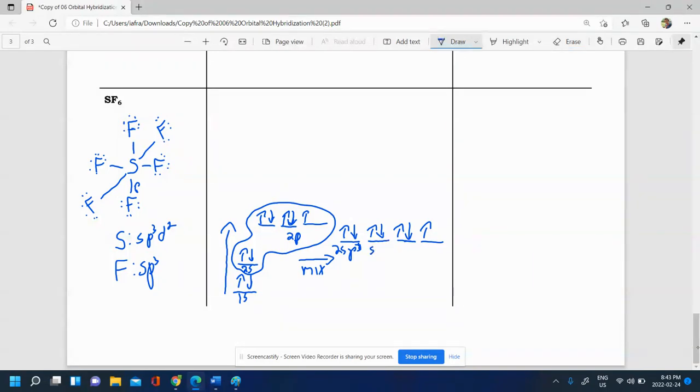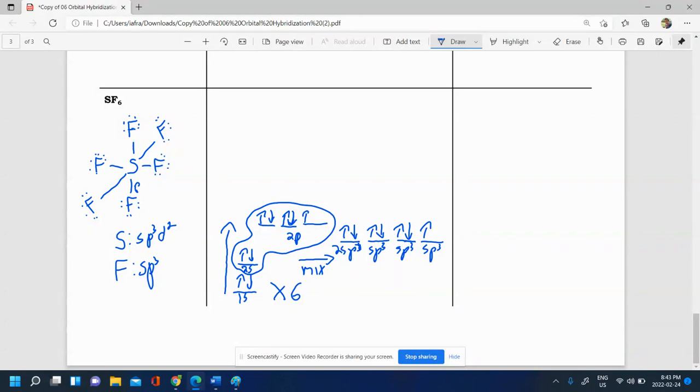I'm just going to write them as sp3 here, sp3, sp3. So these are hybridized orbitals for the fluorine atom. Now keep in mind, you would be doing this times 6, because there are 6 fluorines. But we just have to write times 6, and then we should be good with that.